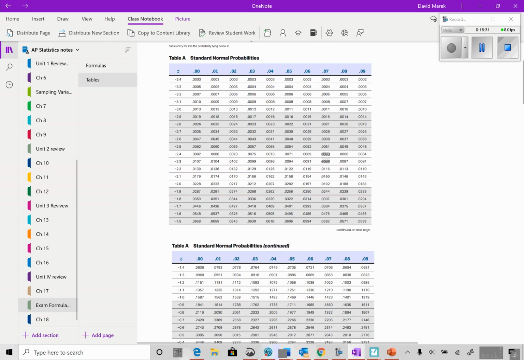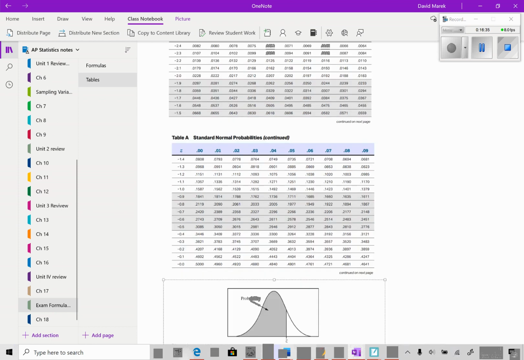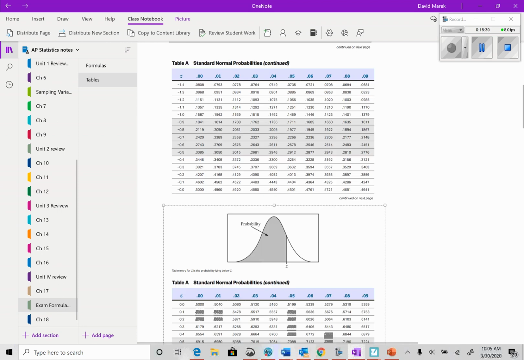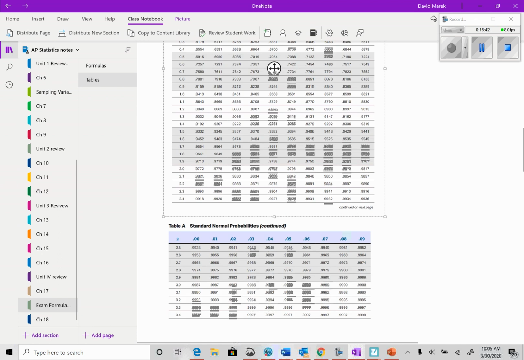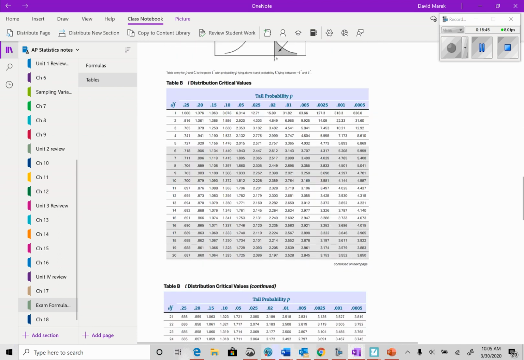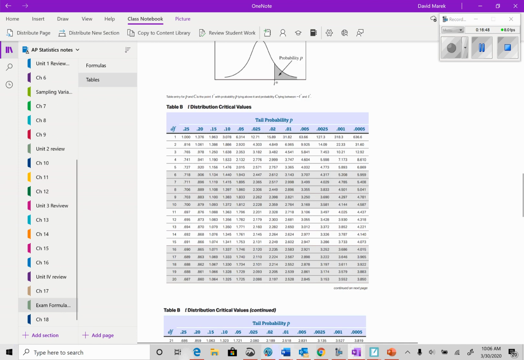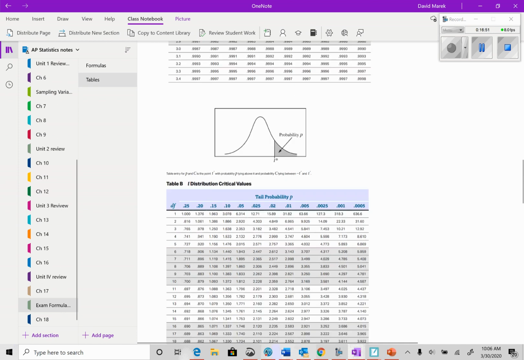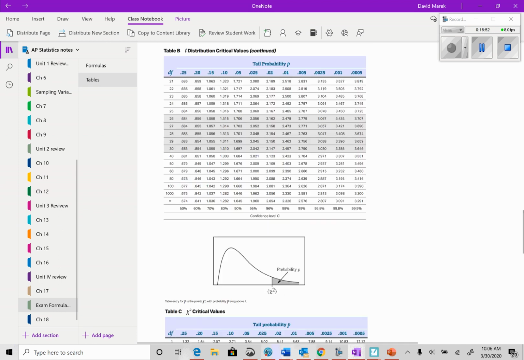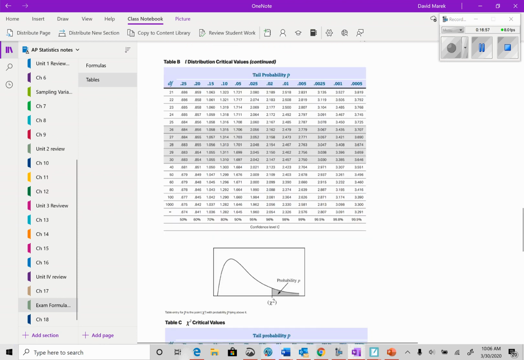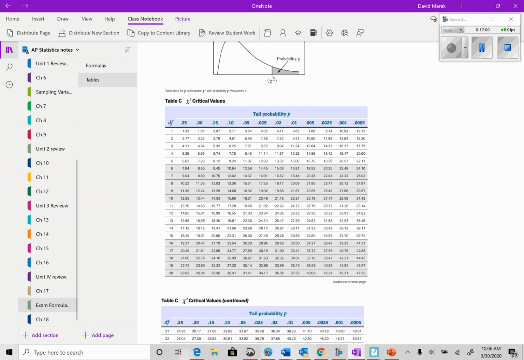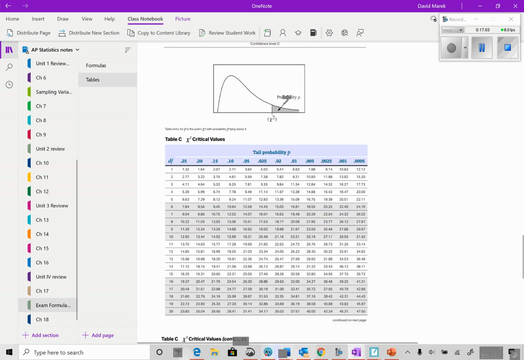And I don't think there's going to be anything on the AP exam this year where you're not allowed to use a calculator. If you go past table A to table B, we'll talk about the difference there between normal distribution and t-distribution critical values. We'll get there eventually. Chi-squared, I've been told, is not going to be on this year's test, so maybe we'll get to that, maybe we won't.